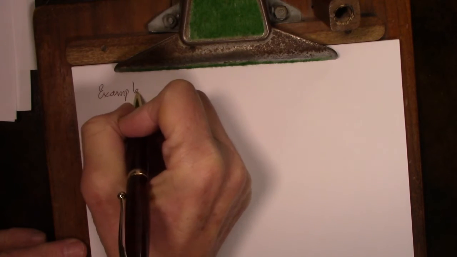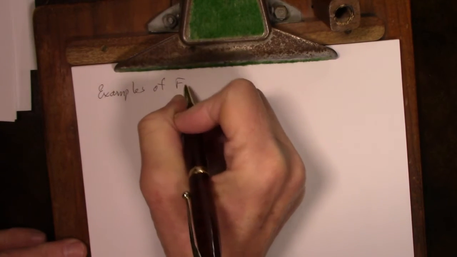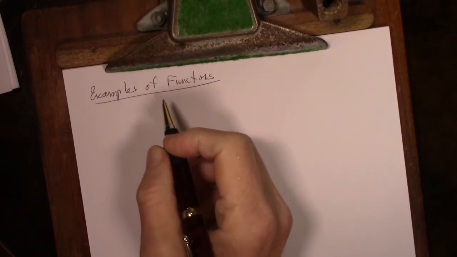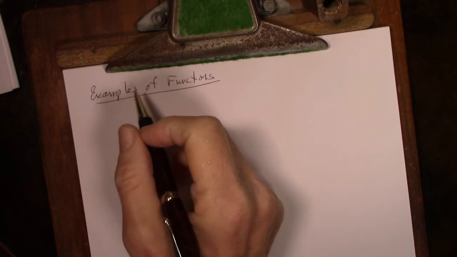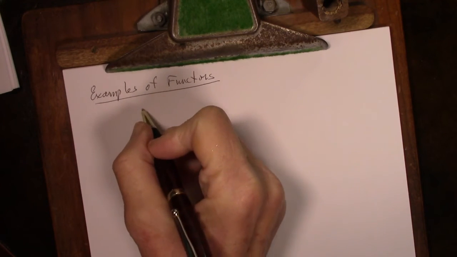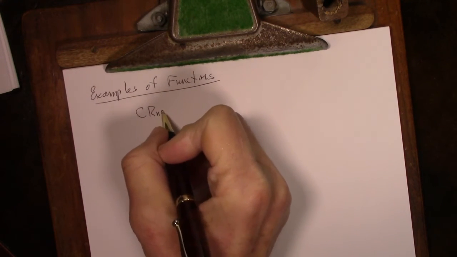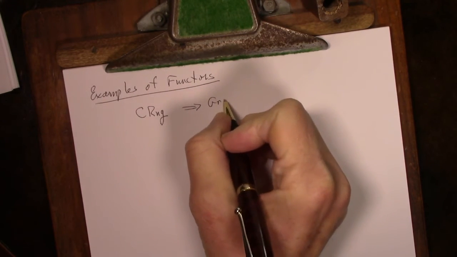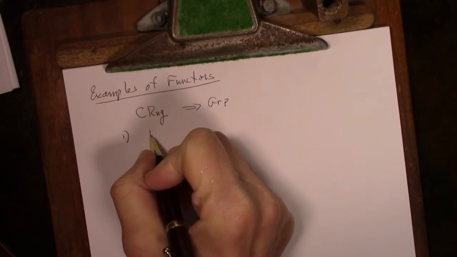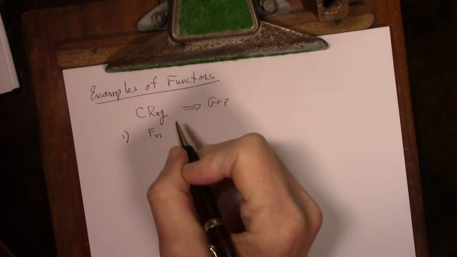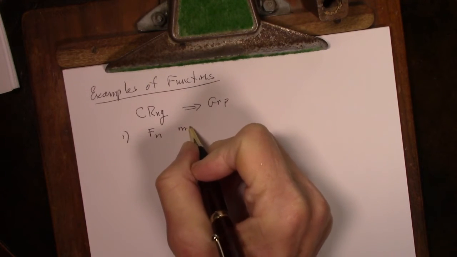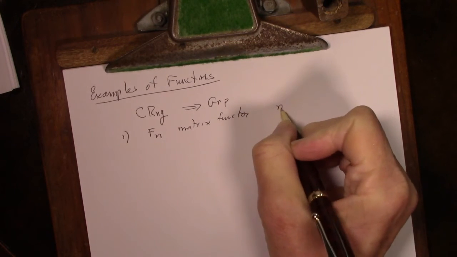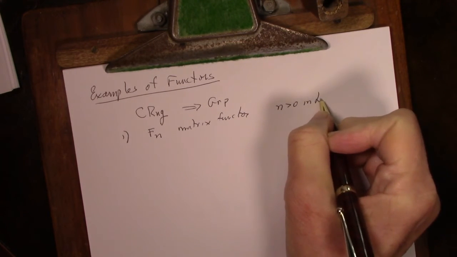Examples of functors. Let me first give you a simple example of a couple of functors that map the category of commutative rings to the category of groups. So first we might define a matrix functor. Here n is a positive integer.